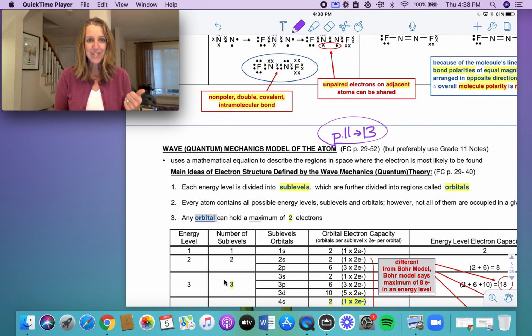We're going to be looking at s orbitals, p orbitals, d orbitals, and f orbitals. Are there more regions? Yes. Are they very complex? 100% they are. And the other thing I'm going to get you to think about is, is this the last time you're going to learn about the atom and what the regions of electrons look like? The answer to that is no, okay?